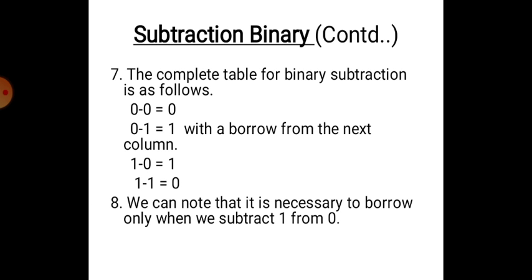These rules you have studied in decimal addition and subtraction also. Point number 8. We can note that it is necessary to borrow only when we subtract 1 from 0. You can see when you are subtracting 1 from 0, then only we are borrowing, otherwise no.